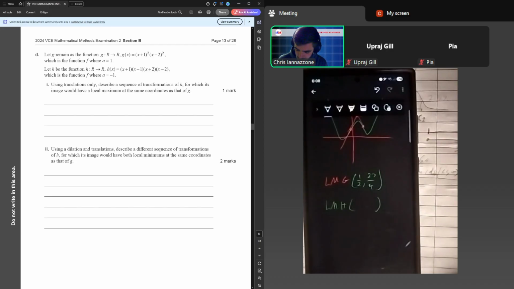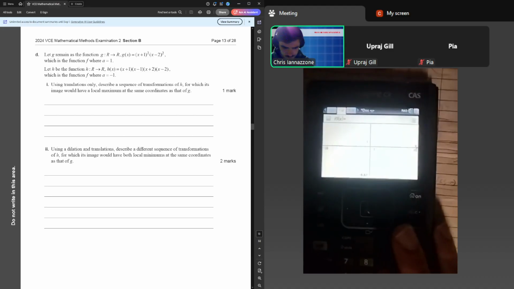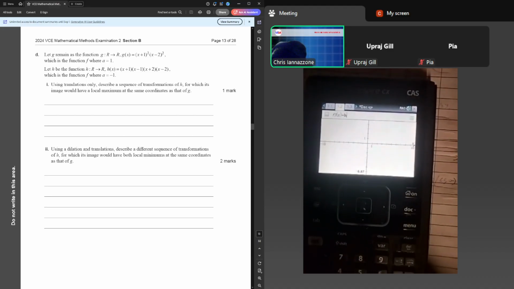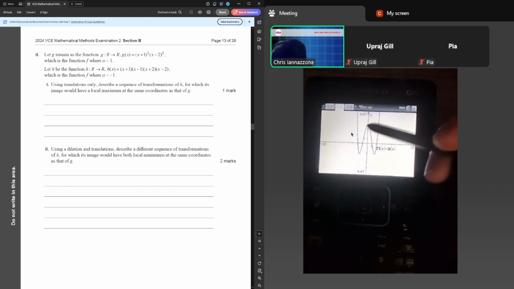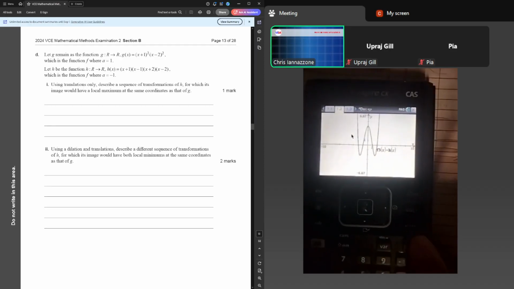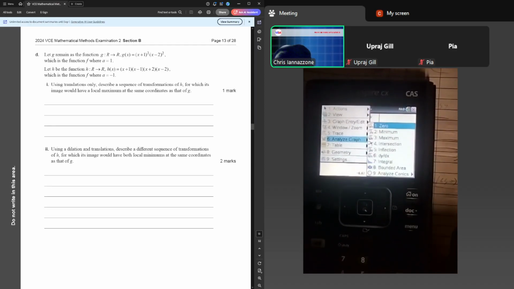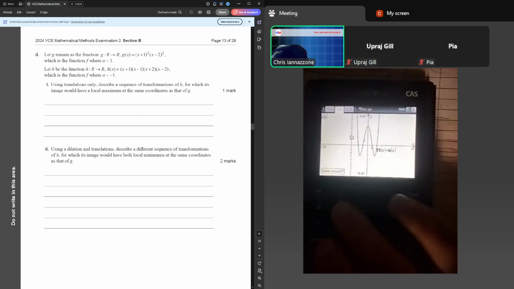Graph, yeah, totally. So if I go ahead and plot H, we can see where the local max is located. Use our graphing tools to get at least an initial value.